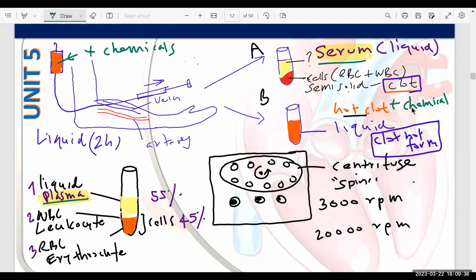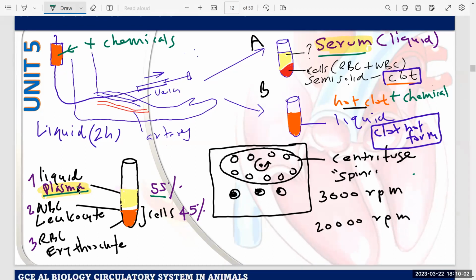Right, if you don't have a question at the moment, try to remember at least these facts very clearly. The main composition of blood: 55% plasma, 45% red blood cells and white blood cells.